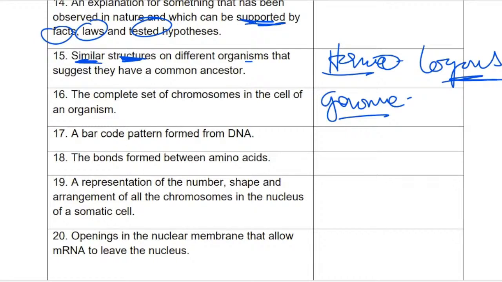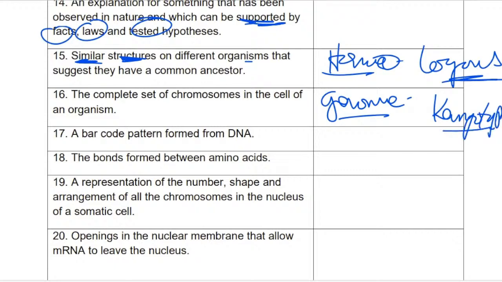Genotype is a description of an organism in terms of genetic composition or in terms of genes. And when you talk about the complete set of the chromosomes in a cell, it is a genome. And when you talk about the arrangement, it must have the word arrangement. The arrangement of chromosomes, we talk about size and the structure. That's when you talk about the karyotype. I think I'm clear there.